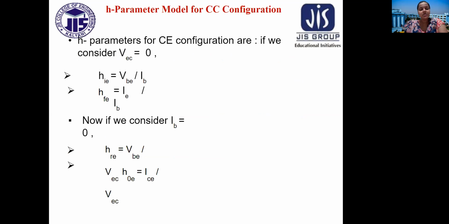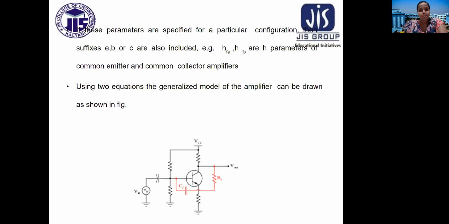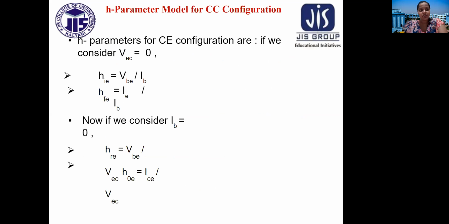H parameters for common collector configuration. So this is the approximation. If we consider VEC equal to 0, we can write HIE equal to VBE by IB, HFE equal to IE by IB.